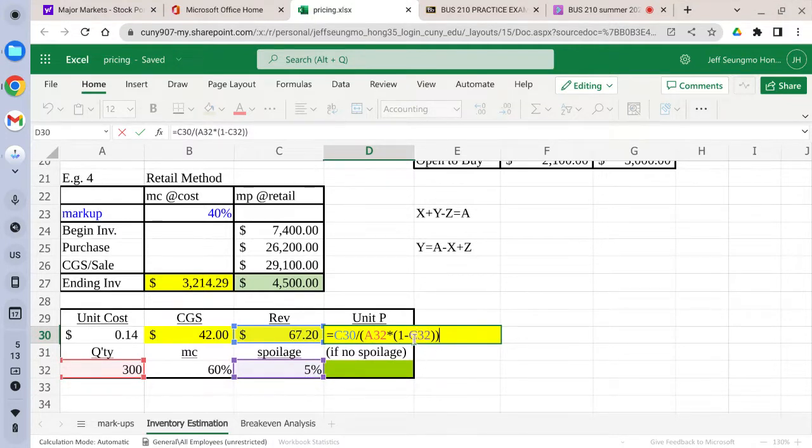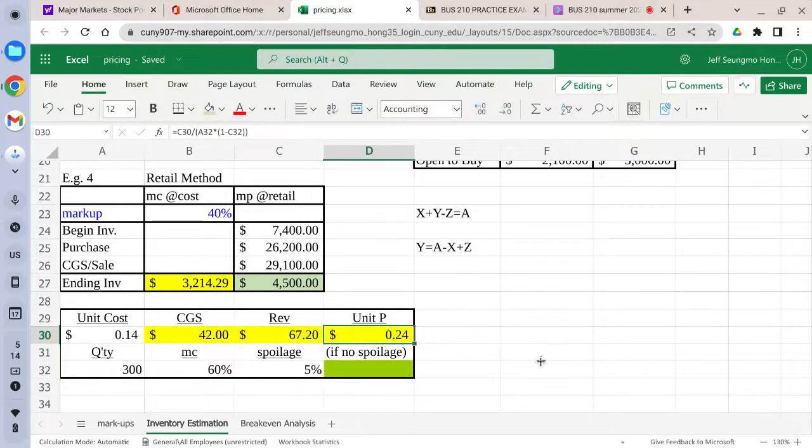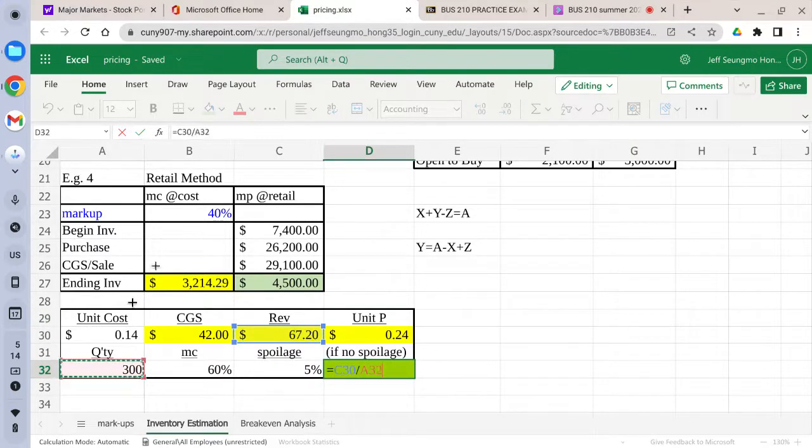But if you input any number manually in the formula, you will have to change the entire formula. You cannot reuse it. So if you do it like that, there you go. It has to be 24 cents per pound. But if there was no spoilage, it would simply be 22 cents per pound.